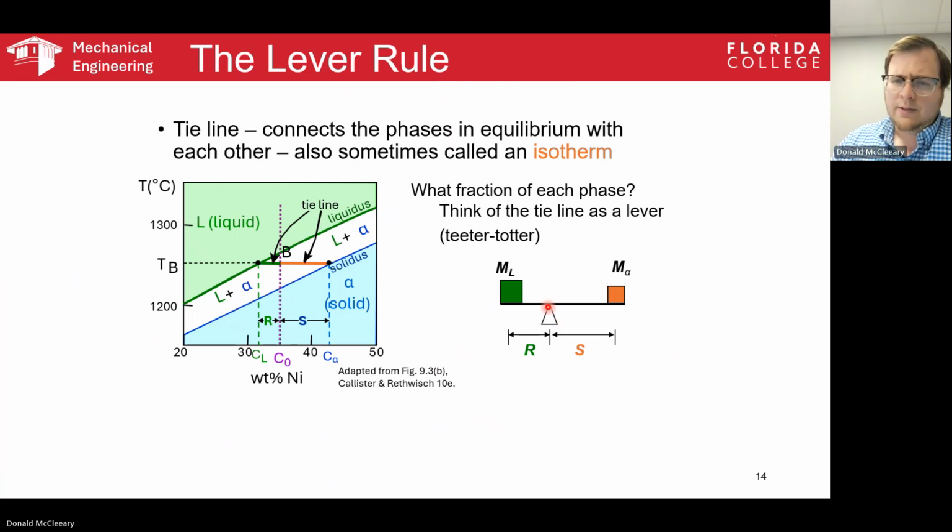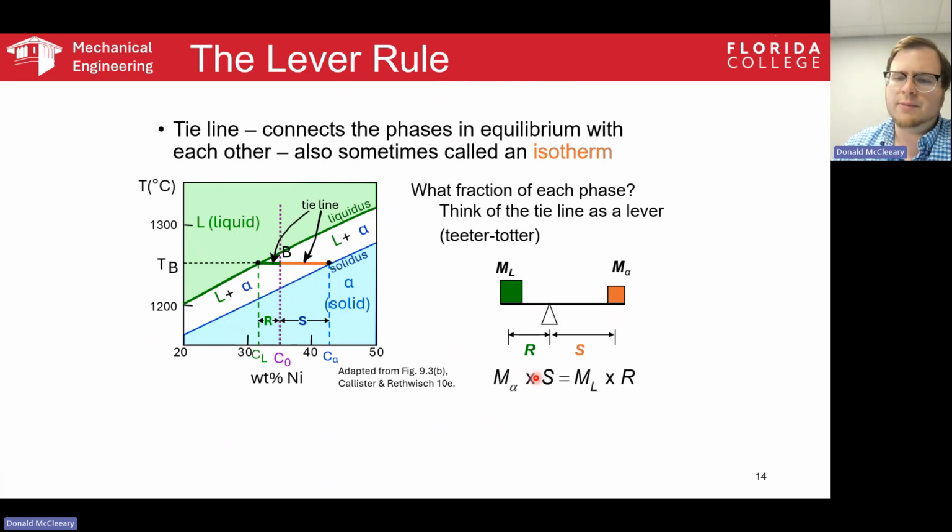So you might have a smaller mass on this end of your teeter-totter, but on that end you've got a larger mass. But the smaller mass is actually farther away. So these end up equaling out, right? And using the equations that you would typically use for this, you can actually find the mass fraction of each phase, which is another way of thinking about it.